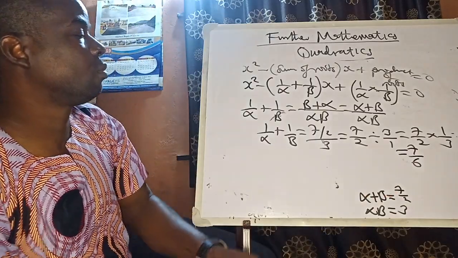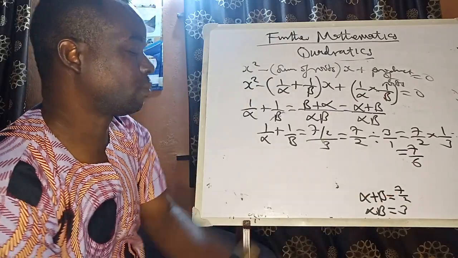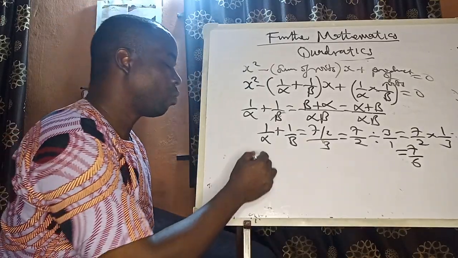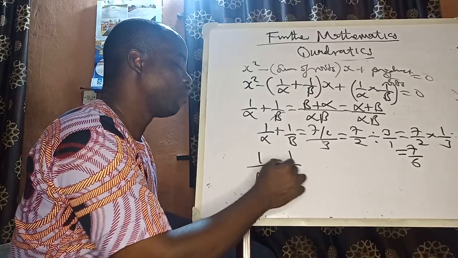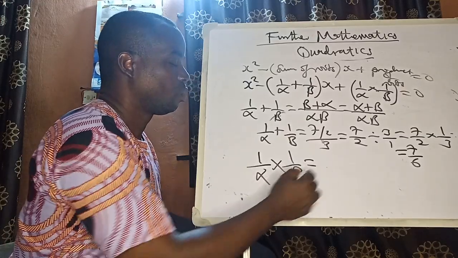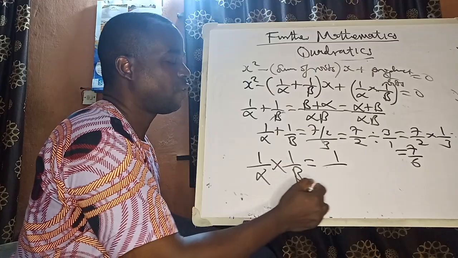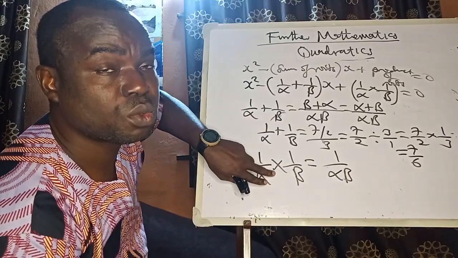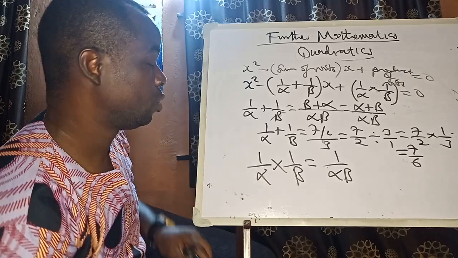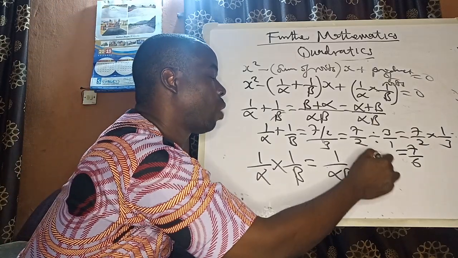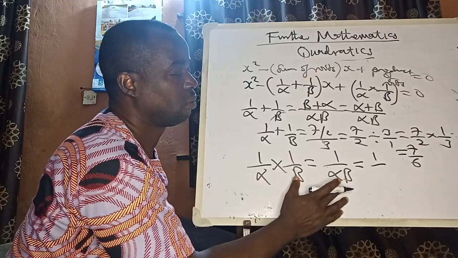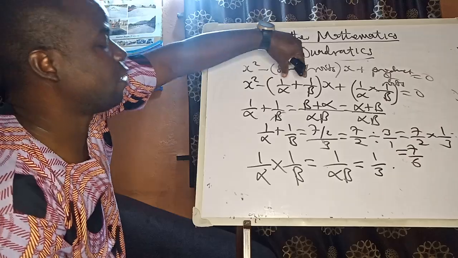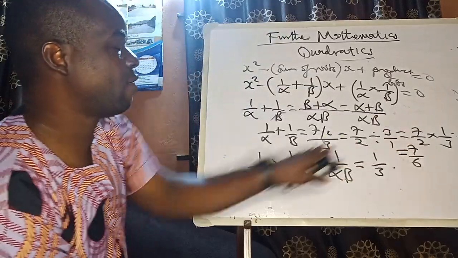I have solved this one. Now let's go and solve this one. 1 over alpha times 1 over beta will give us 1 times 1 is 1. Alpha times beta is alpha beta. Multiplication does not use LCM. So we now have 1 over, what's our alpha beta? That's 3. So this one we have the answer for it, and this one we have the answer for it.